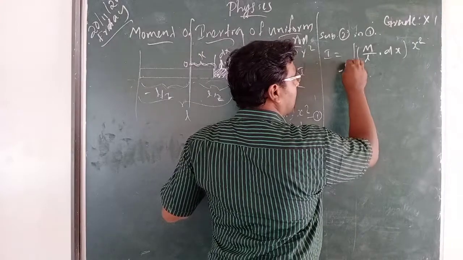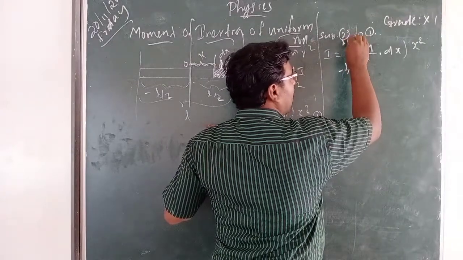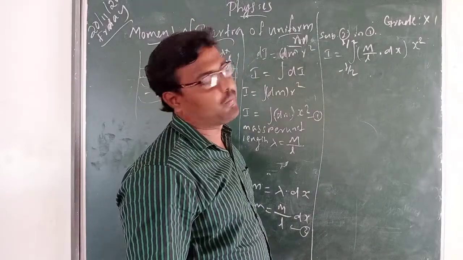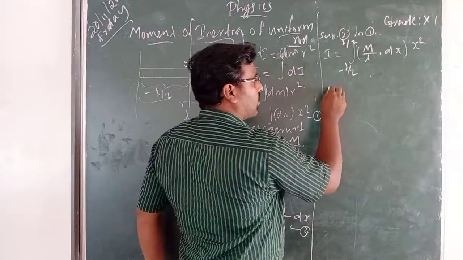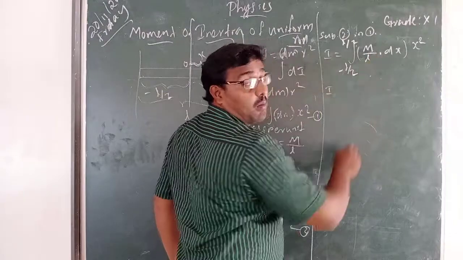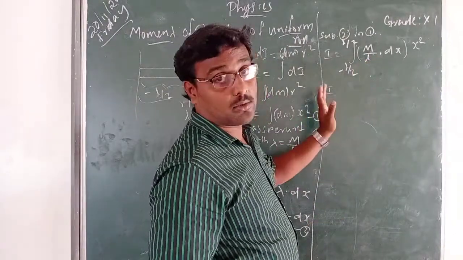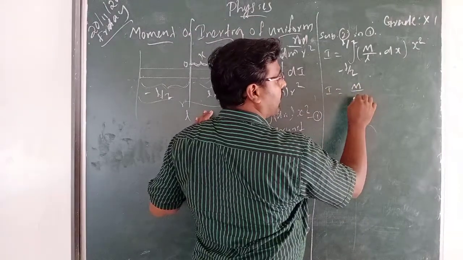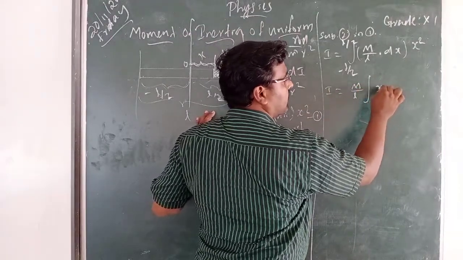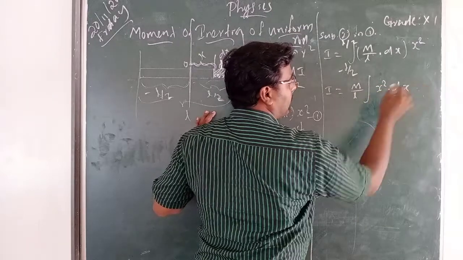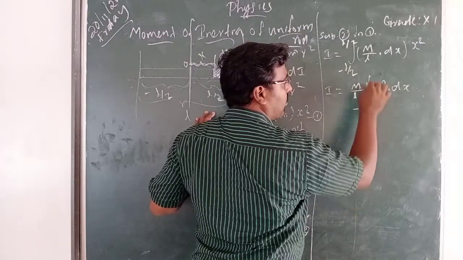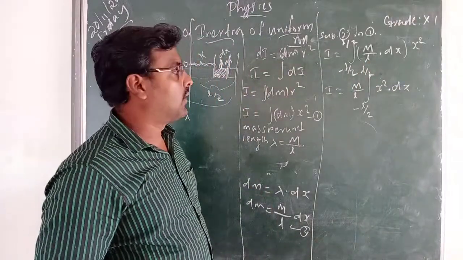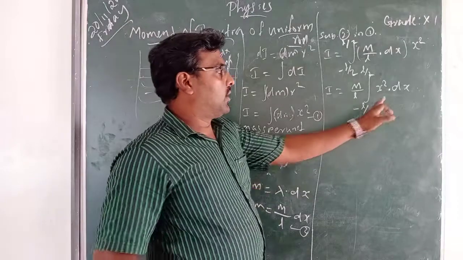So I is equal to, mass is constant and L is constant, take them outside: M by L integral of x square dx, from minus L by 2 to plus L by 2, upper limit and lower limit.